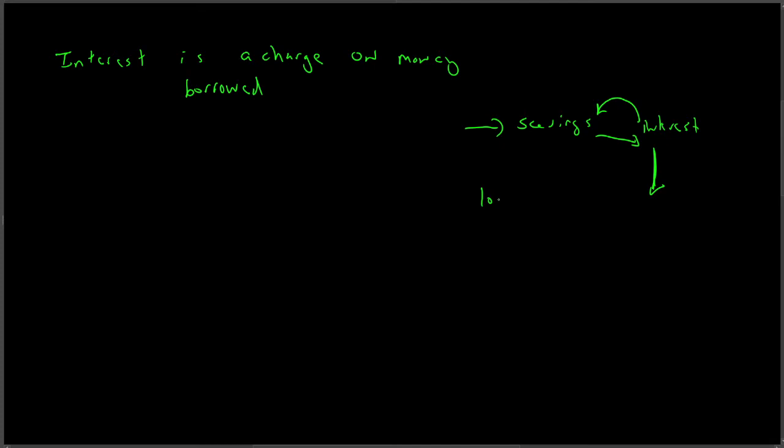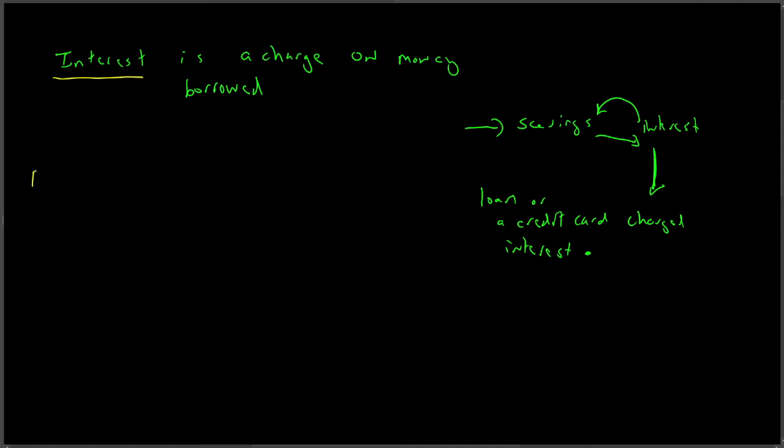Now, if you take out a loan or use a credit card, you get charged interest because you borrowed money. And so that's their way of making a profit off of borrowing money. You have to pay back more than you took out, and the interest is the more that you pay back.